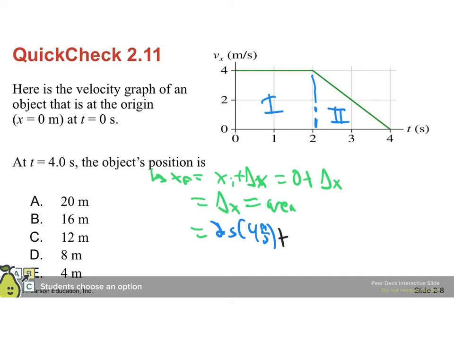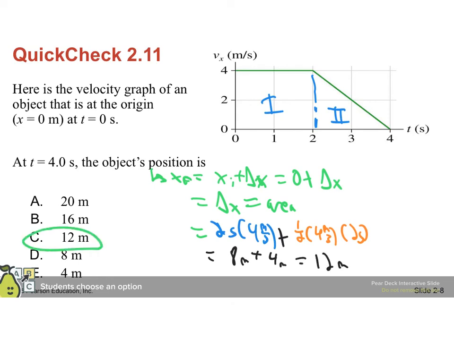And the triangle has area of 1/2 times 4 meters per second times 2 seconds. So we have 8 plus 4 meters in both cases, so 12 meters. So we end up with C.